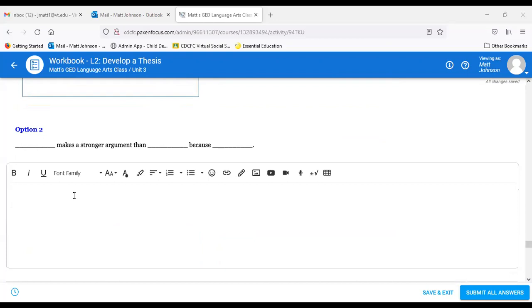So you could just pick one that you feel most comfortable with and work with that. Second here, okay, so blank makes a stronger argument than blank because blank. So these all kind of wind up being the same thing, right? They're just a different sort of verbiage, just a different sort of organization. So what do you think about 21?